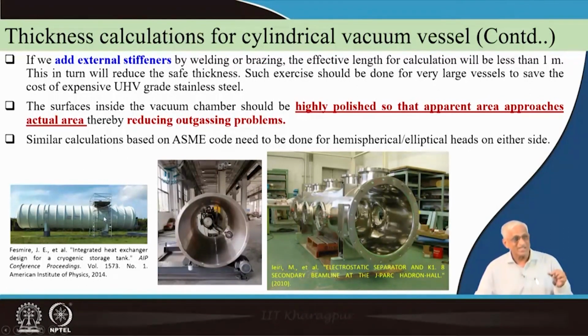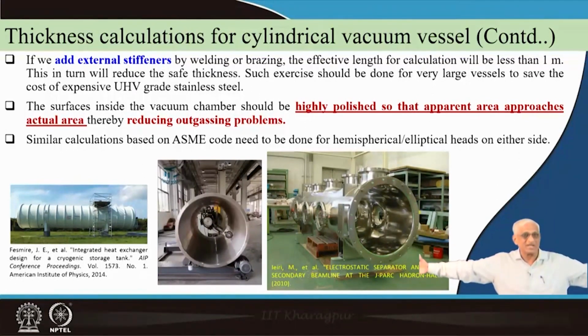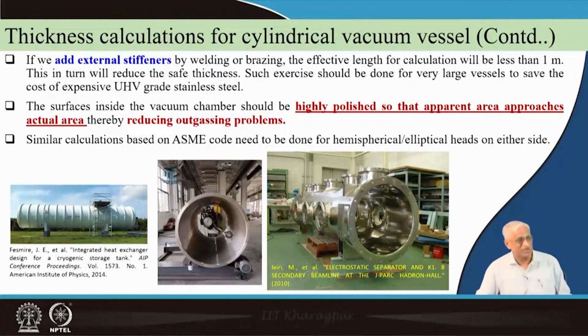So, accordingly, the thickness will come out to be little less, because bending moments are less now, because it is held tight by stiffeners instead of distant end couplings or end welded joints. There are stiffeners in between which are welded, of course. So, mechanical engineers know very well these type of things. That way, with stiffeners, the effective length will come out to be less and thickness can be little less.